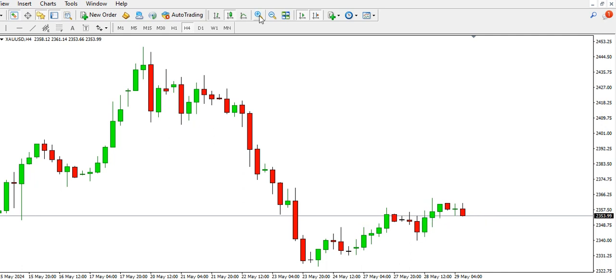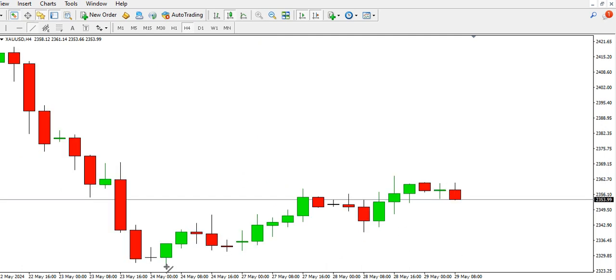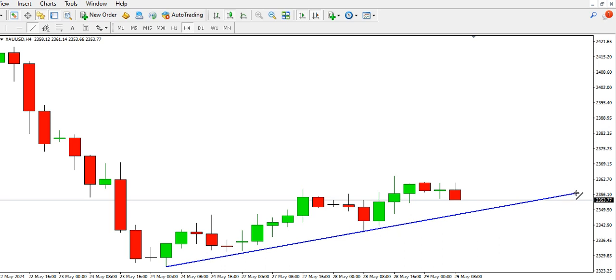For now, on the 4-hour time frame, we have a trend line which the bulls must ensure gets respected. If this trend line fails, price might likely drop. If it fails, we might see a drop and then a break of this structure.